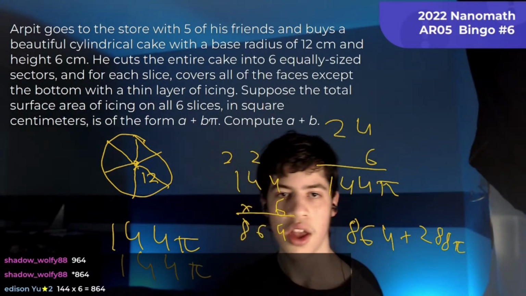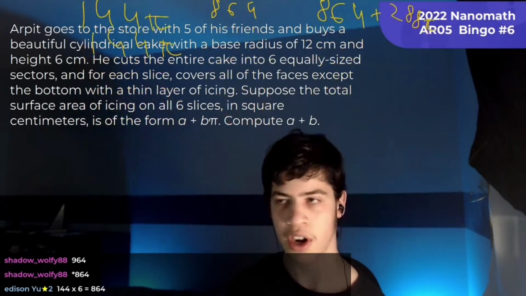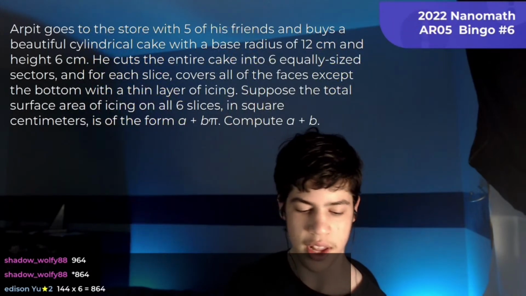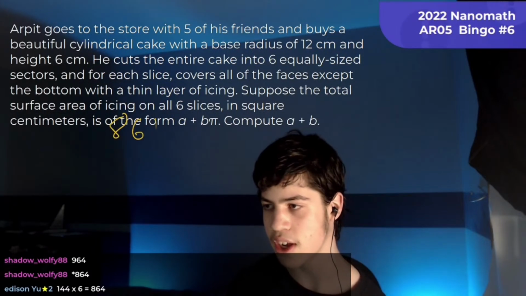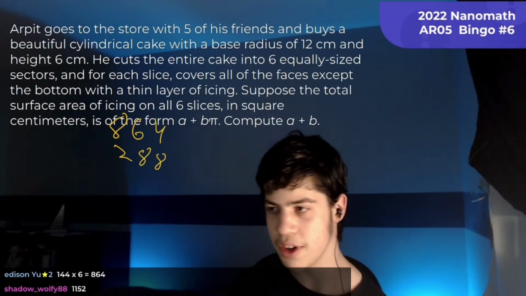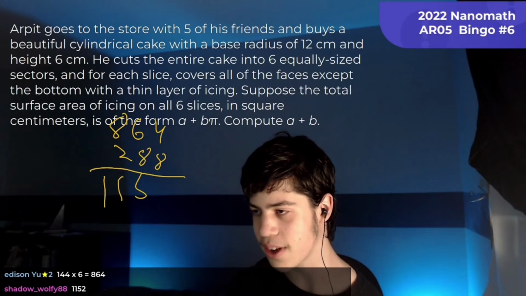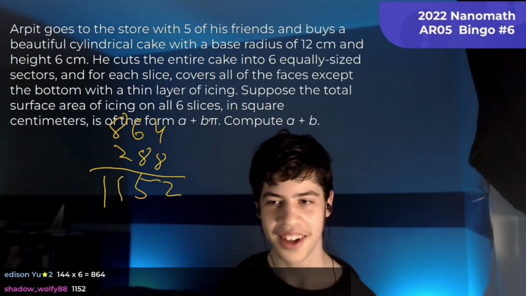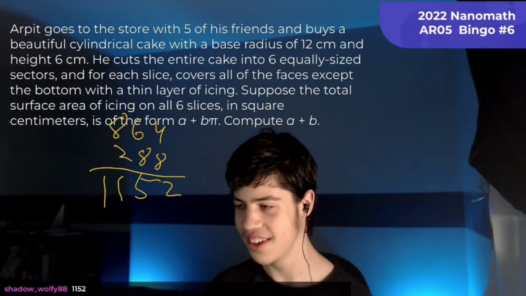And then what we really want to do is figure out what 864 plus 288 is. I'm going to use the chat, and it's 1152. So the answer should be 1152, which it is. Yay.